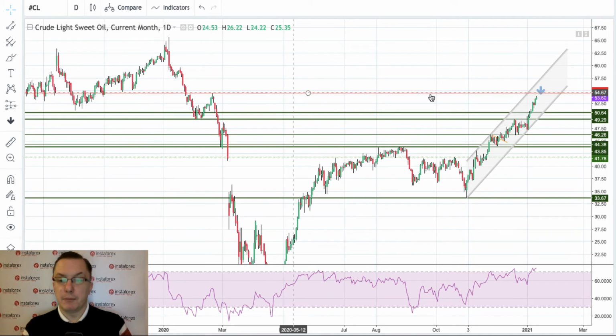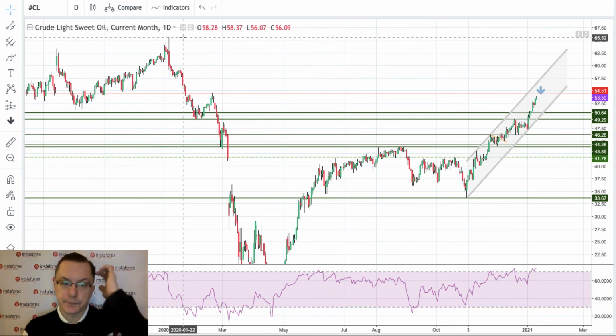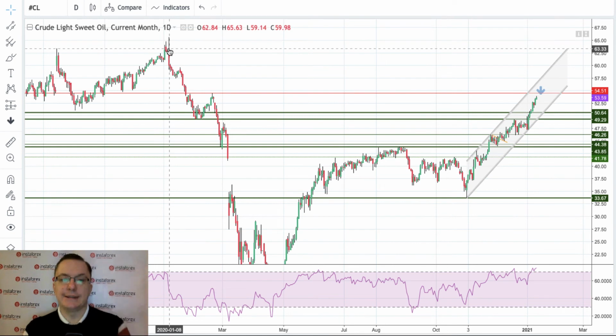But if we break above this level, above the technical resistance, then we go to 59.59, and then of course we go to another high, 65.63. If we break above 65 and $63 per barrel of oil, that means the oil will be the most expensive since 2020. So that will be over one year.